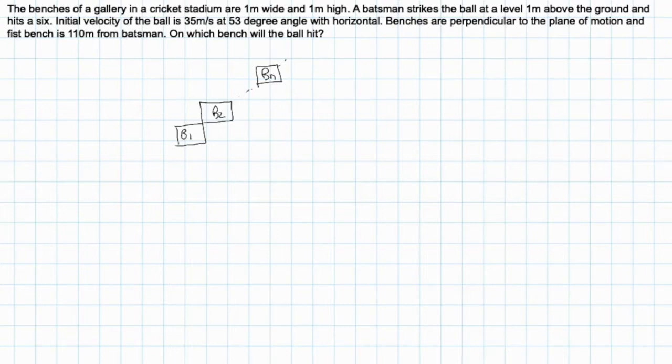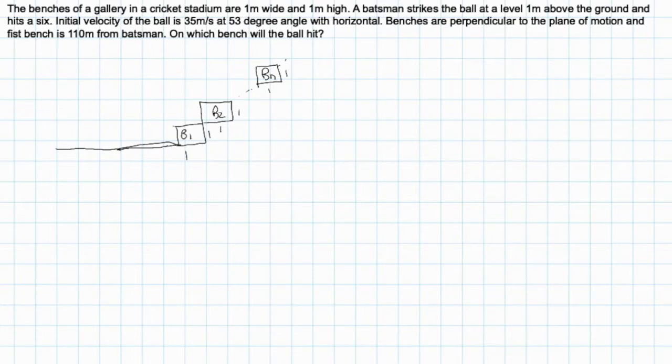Now it says that a batsman strikes a ball 1 meter above the ground and hits a 6. Before that, this is 1 meter, this is 1 meter, these all are 1 meter and 1 meter. So this is the ground level. Sorry for my drawings.